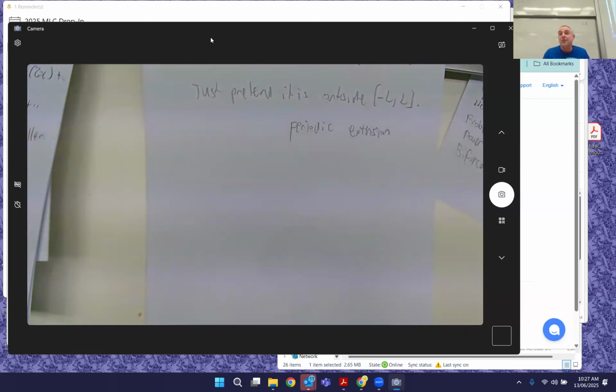Because you don't look at the function outside the zone that it's defined anyway. The point is you can't extrapolate, because when you extrapolate outside that zone, you are automatically pretending that it's odd or even and periodic out there. And so you just don't extrapolate. That's the idea, because you are pretending.